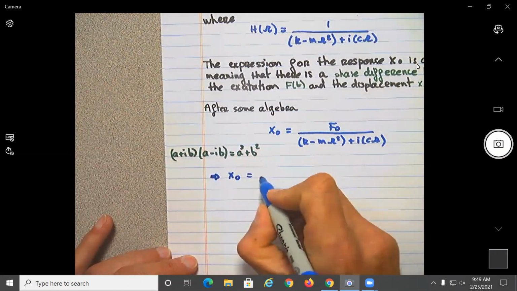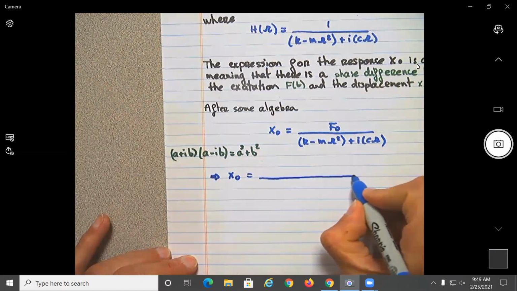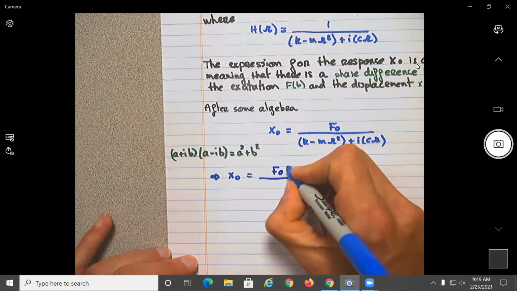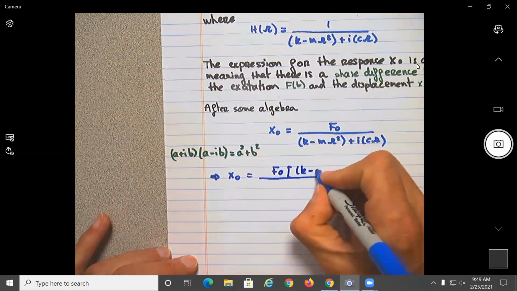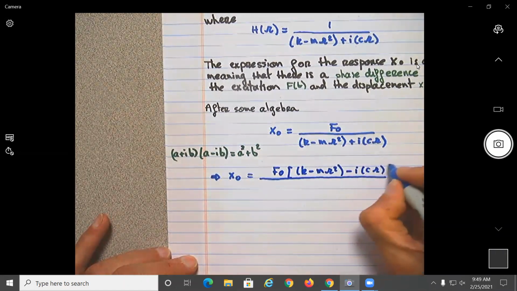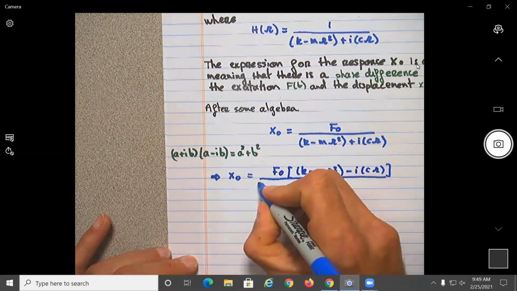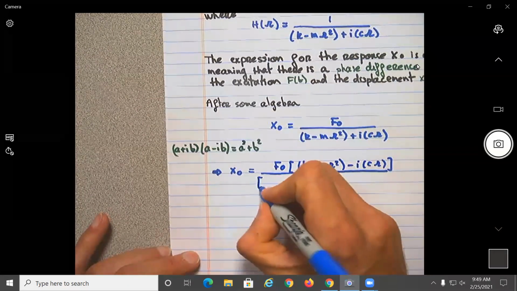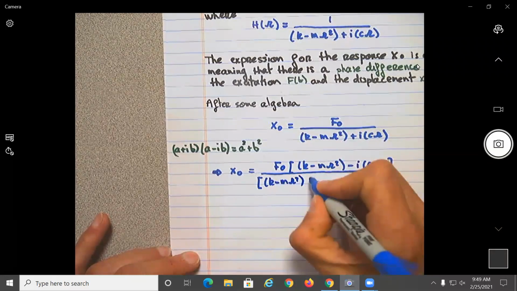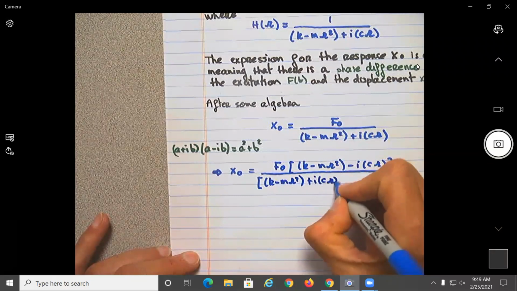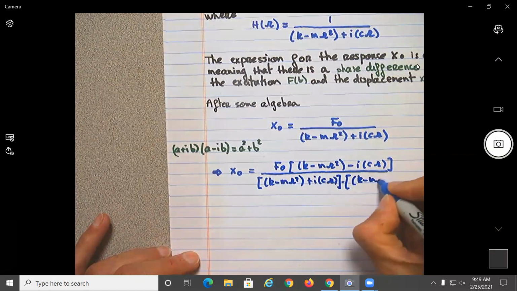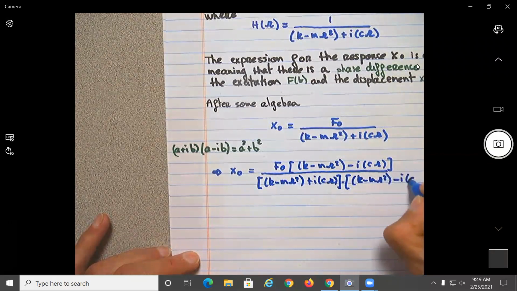We can rewrite x sub naught as f sub naught times a factor of k minus m omega square minus ic omega on top, and on the bottom we do k minus m omega square plus ic omega times k minus m omega square minus ic omega.